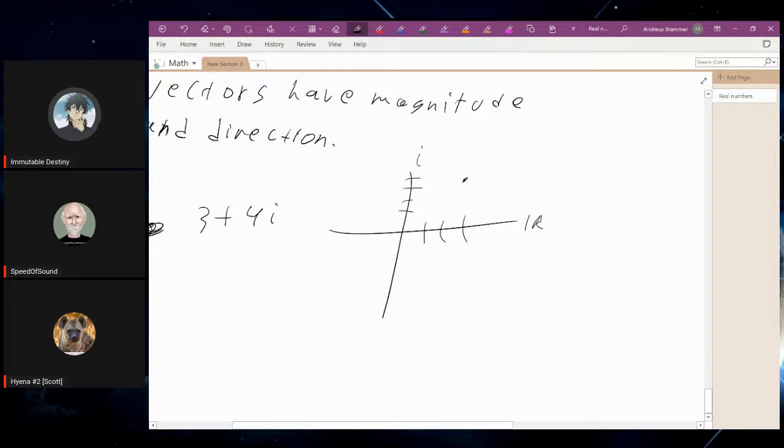We actually do have a vector of sorts because our numbers are positive, and so our x value is positive, and it goes to the right. And our y value is up and positive.